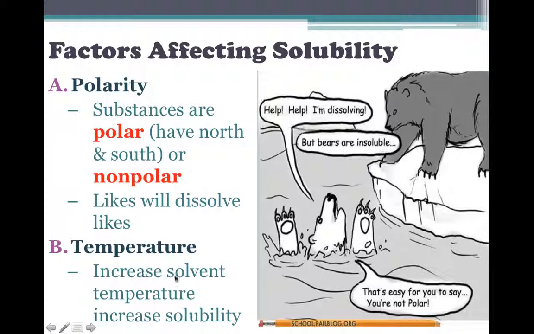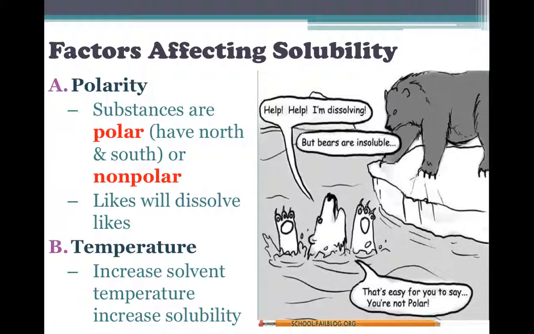Basically, if you increase the temperature, let's say I have a pot of water and I put it on the stove and get it going a lot hotter, then I can get more sugar to dissolve in it. Think about this: I want to sweeten my tea. I get hot tea, put it in a container, add sugar to it.